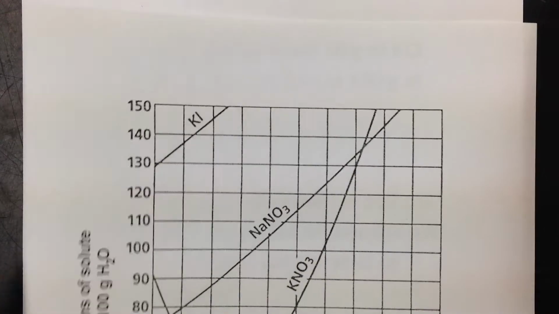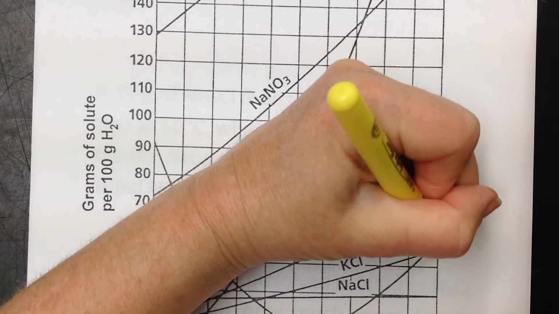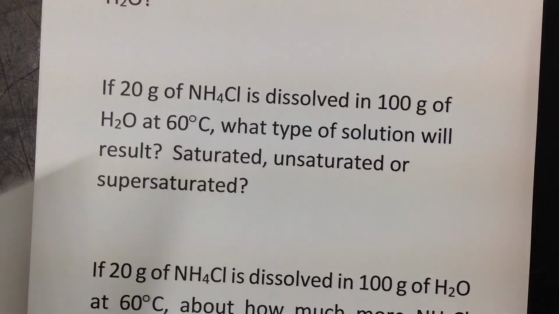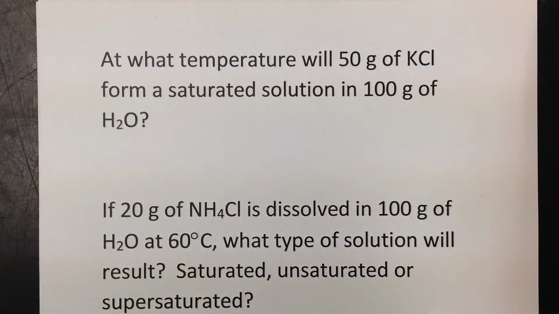So I'm looking at potassium chloride, which is right here. And they are telling me in the problem, I'm interested in 50 grams. Like, what temperature do I need to be at to make that happen?